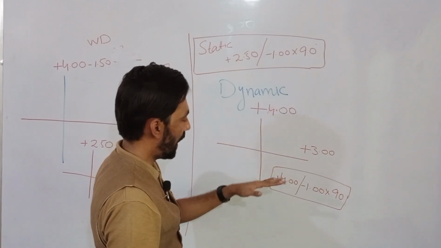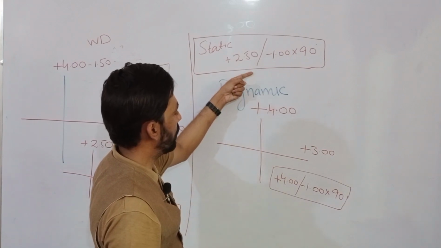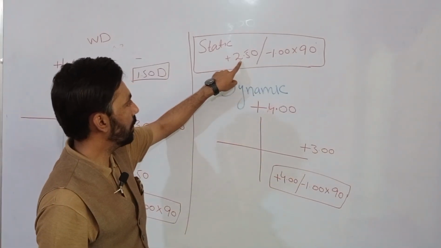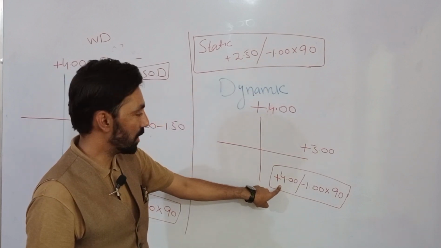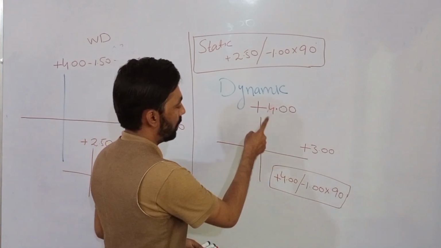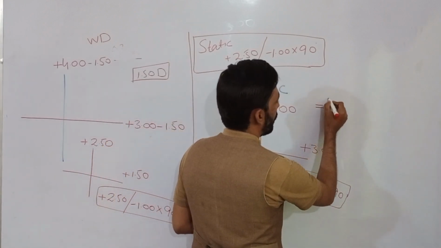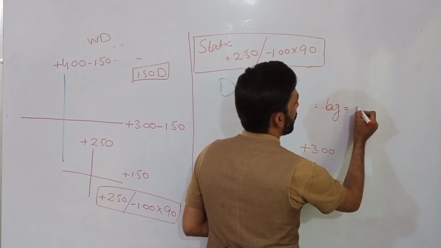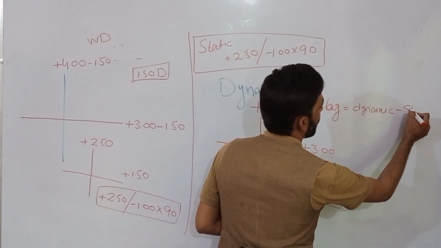To find the lag of accommodation, we are going to deduct the static retinoscopic value from the dynamic retinoscopic value. This is the value of the static retinoscopy, which is plus 2.50, and this value is of dynamic retinoscopy, which is plus 4. So to find lag, dynamic minus static.